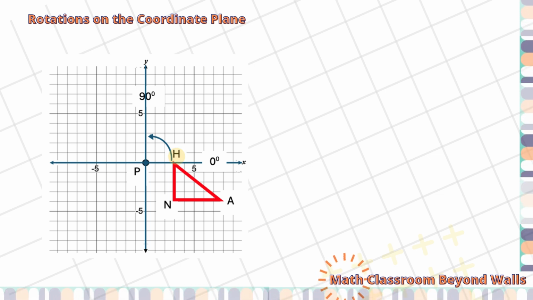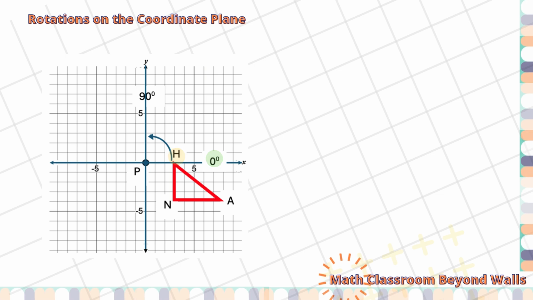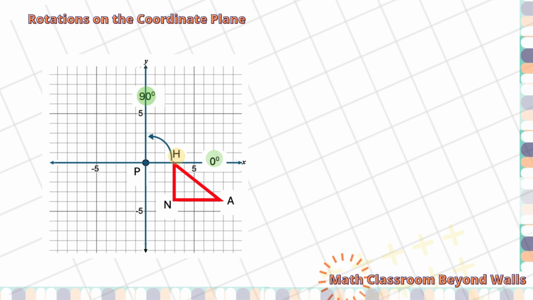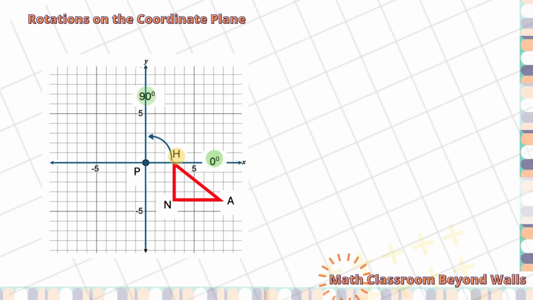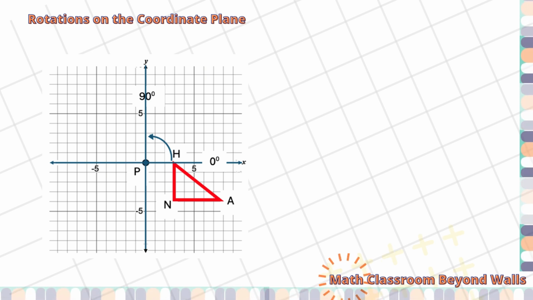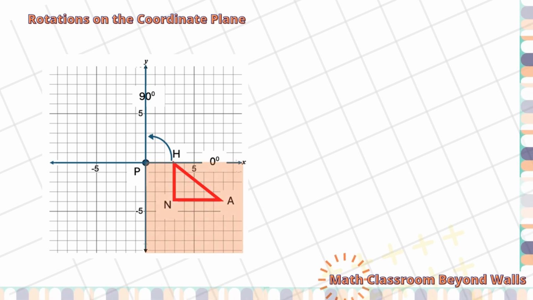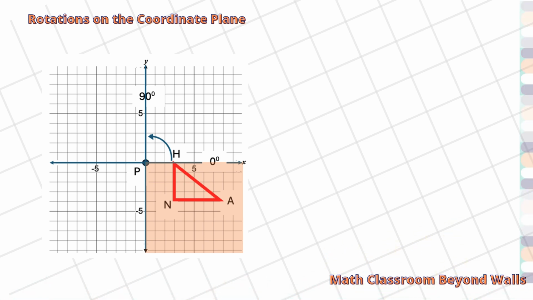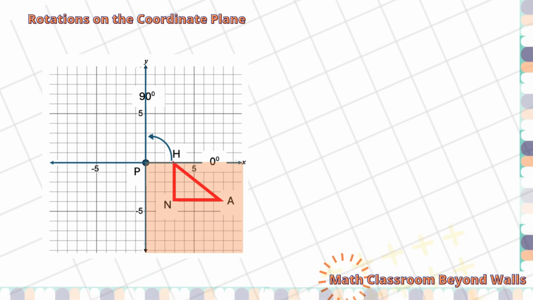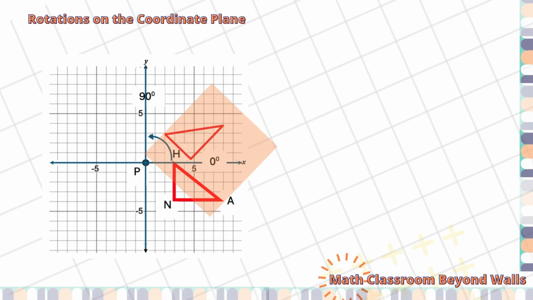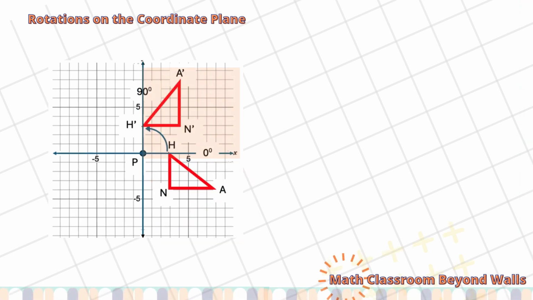Point H is right at 0-degree angle. As we rotate point H 90 degrees counterclockwise, the whole figure will rotate. Do you agree? Since the figure is on the coordinate plane and is on one quadrant, we can as well just rotate the whole quadrant. Let us rotate the whole quadrant 90 degrees counterclockwise and see what will happen. This is now the image after the rotation.